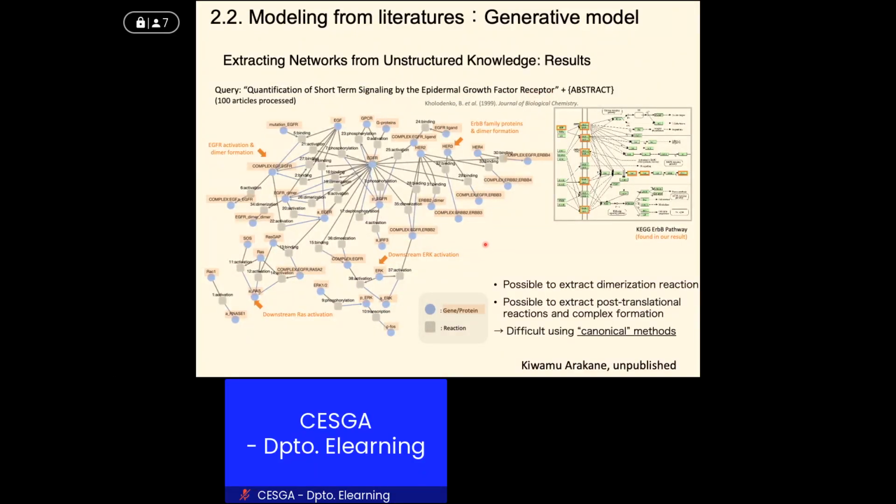And we looked at 100 papers, actually the references of Boris's paper, and we could extract this EGFR interaction and the dimerization of the ErbB receptors and other interactions, which correspond to these red colors in a cake.